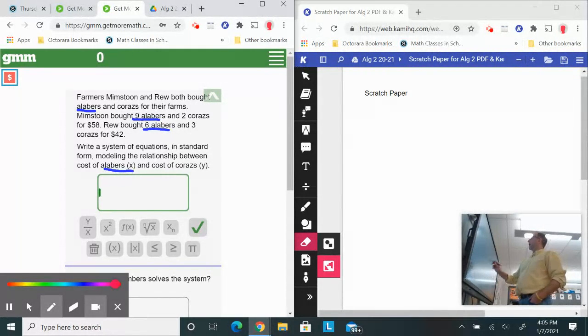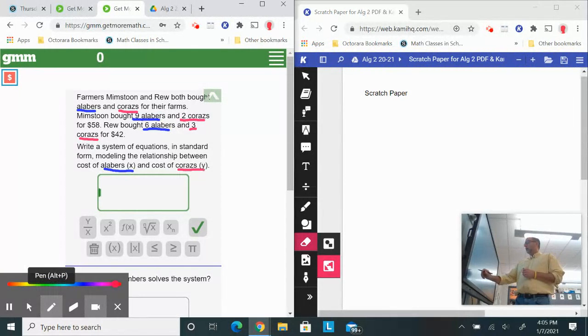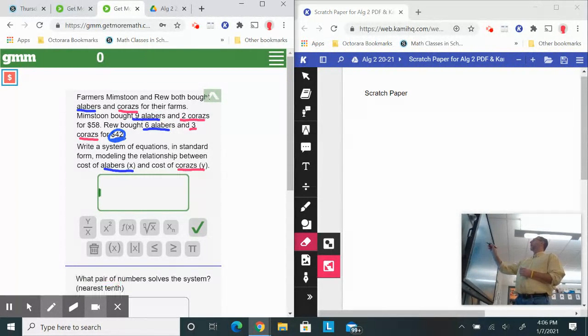And then I know that there are these Karazes. 2 of them, Mim Stoon bought 2, and Rue bought 3 of them. And the Karazes are the Y's. And the key number then is so many Alibers and so many Karazes together would equal the total amount of money that they have. So there's $42 and $58.